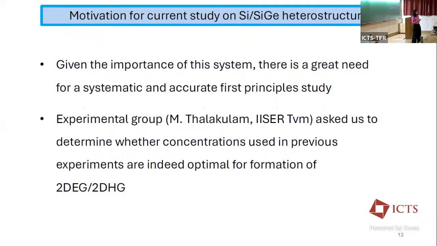We realize that this system is important for a number of applications, so we need a systematic and accurate first-principles study. And our experimental group asked us to determine whether the concentration that we usually use in experiments is optimal for the formation of a 2D electron gas or hole gas.